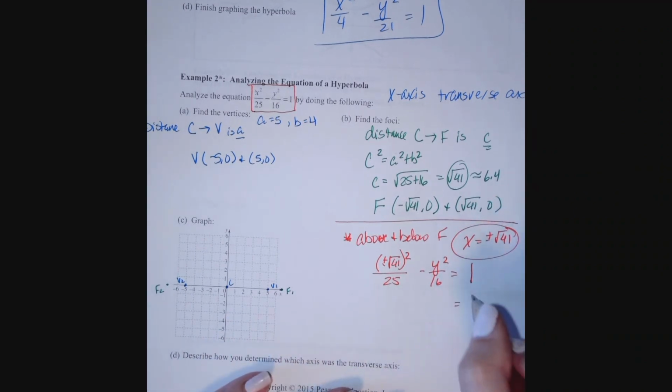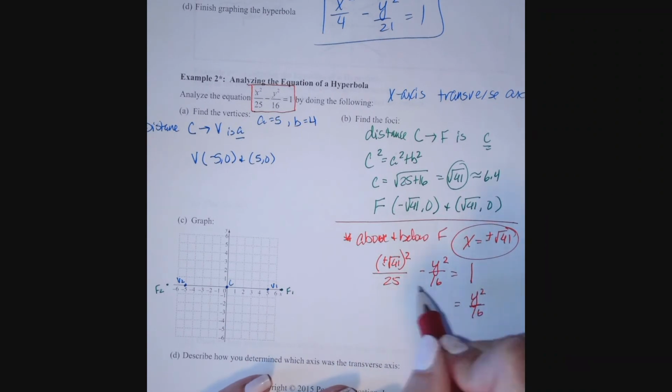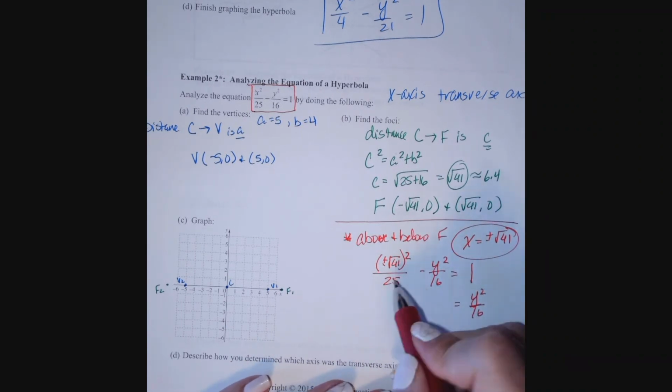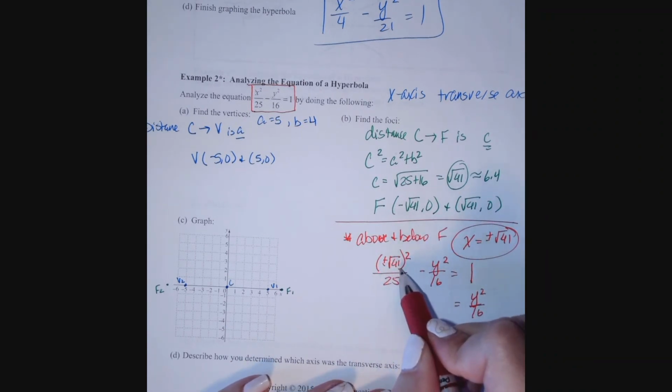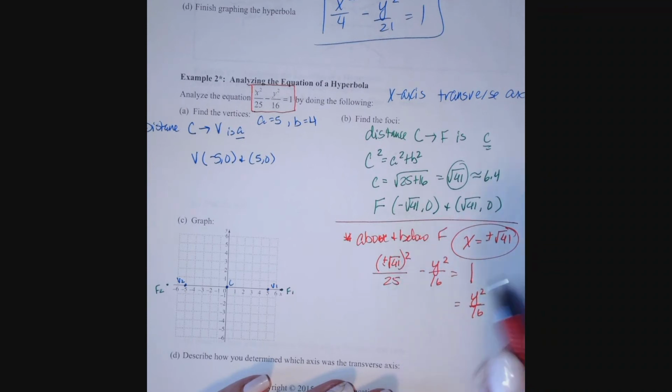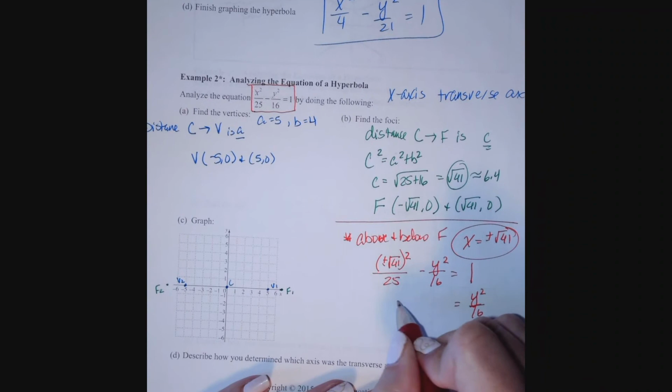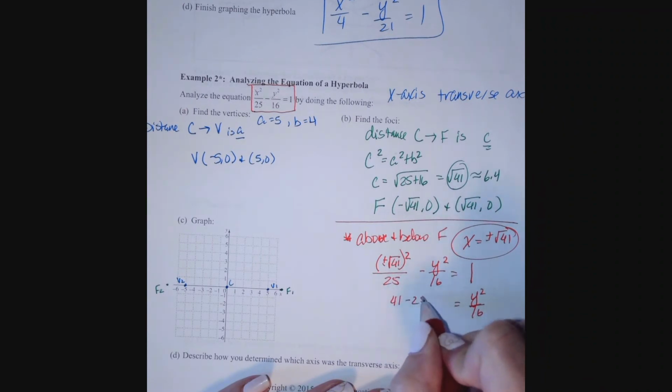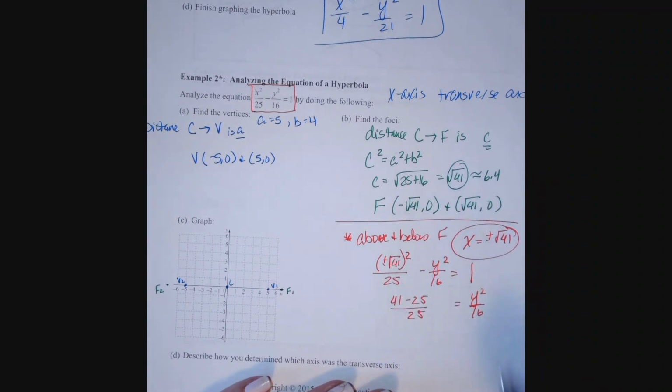So I'm going to move my y squared over 16 to the right, and on the left I'm going to subtract 1. Square root 41 squared just leaves me with 41, and my denominator is 25, so it's 41 minus 25 over 25 when I subtract that 1, which gives me 16 over 25 equals y squared over 16.